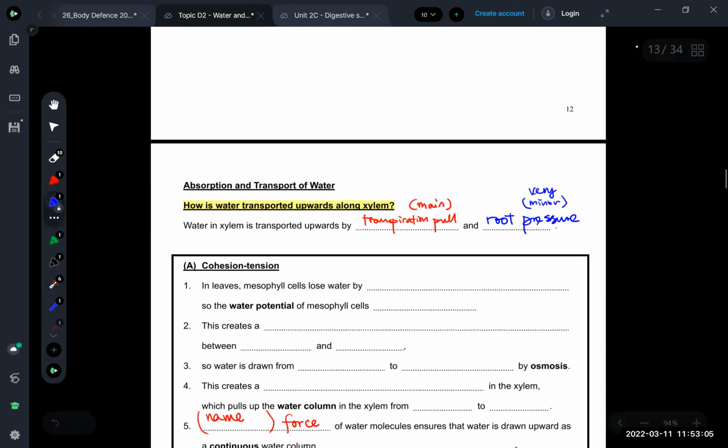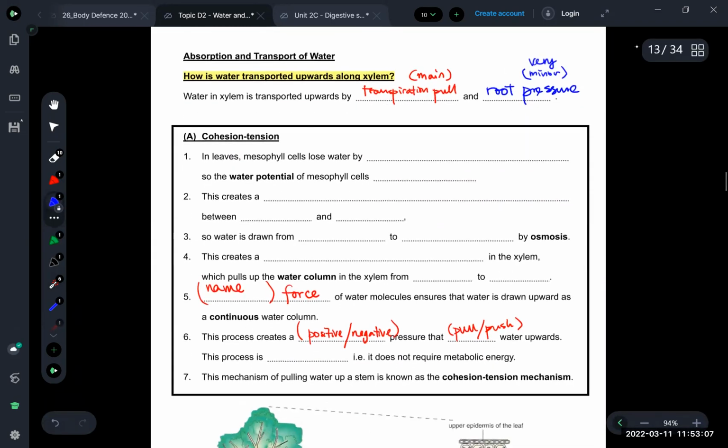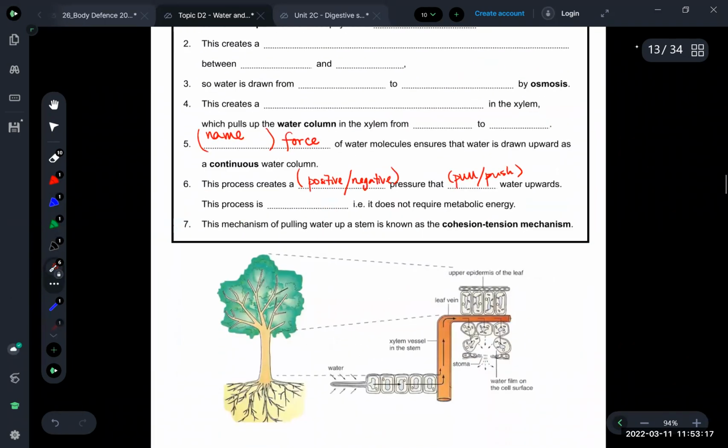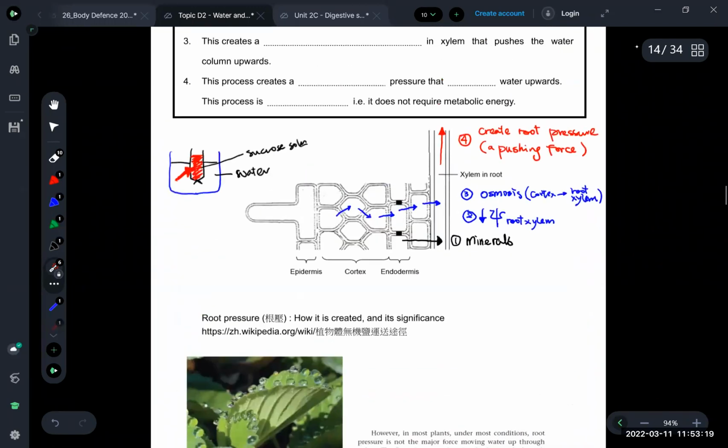While most of the water transport is created by transpiration, it's driven by transpiration pull, and that is the main force there. Okay, this is point number one that I want you to realize.